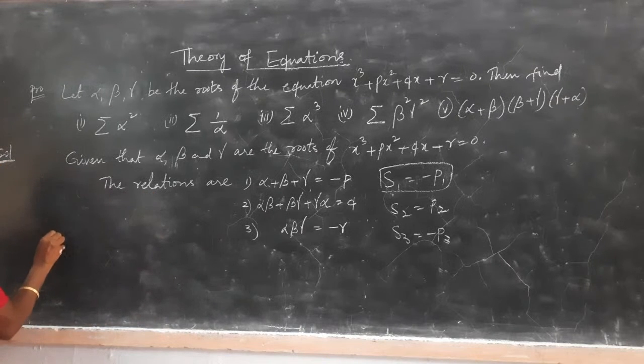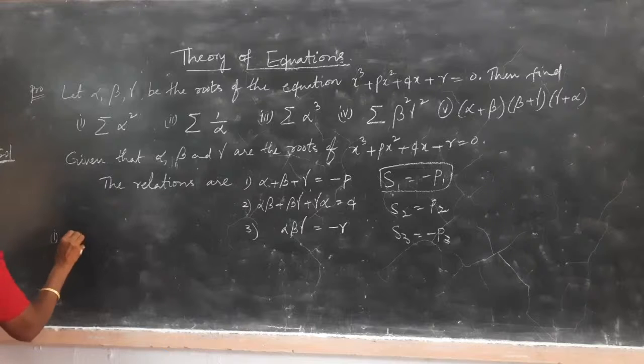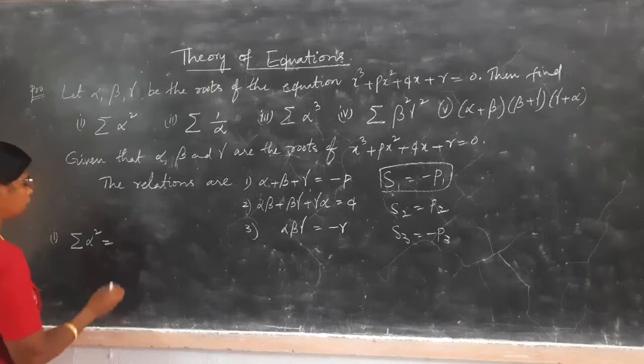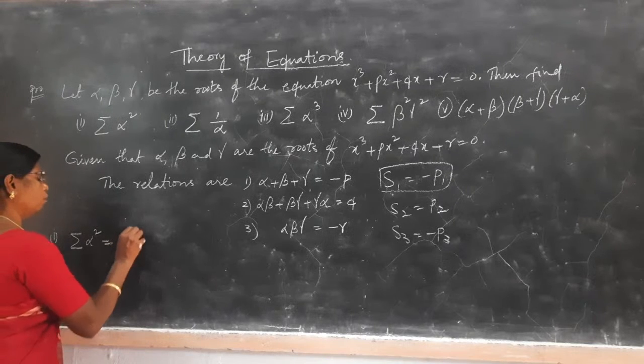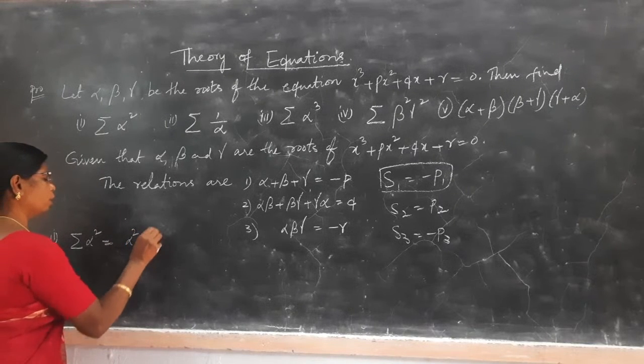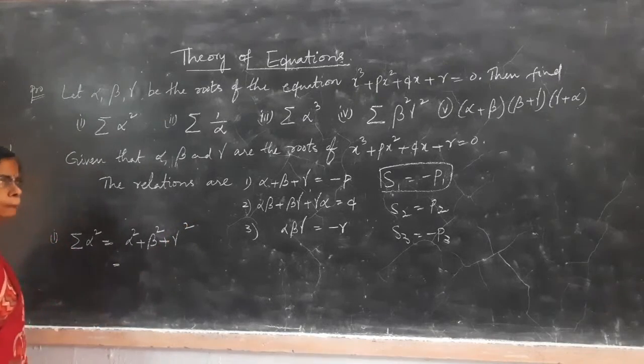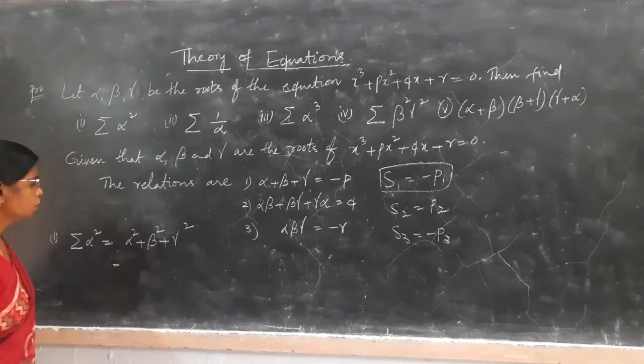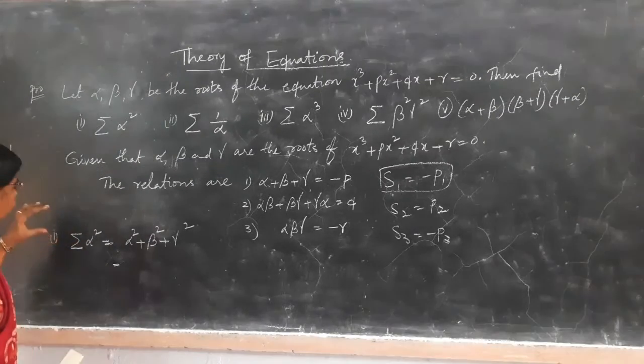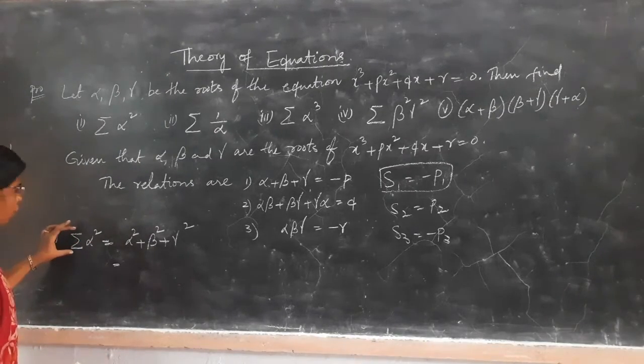So now, first one, sigma alpha square. Sigma alpha square is equal to alpha square plus beta square plus gamma square. We have to find the value of sigma alpha square.